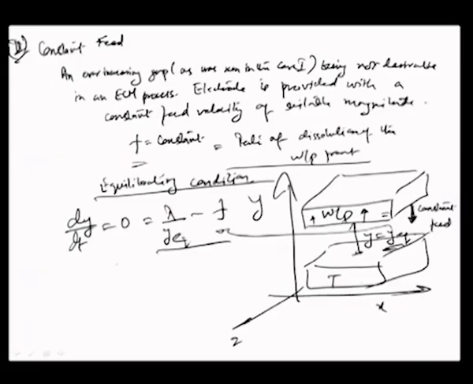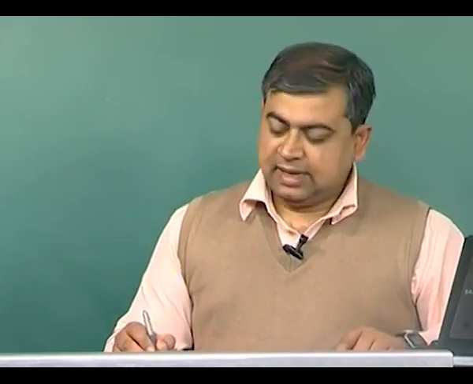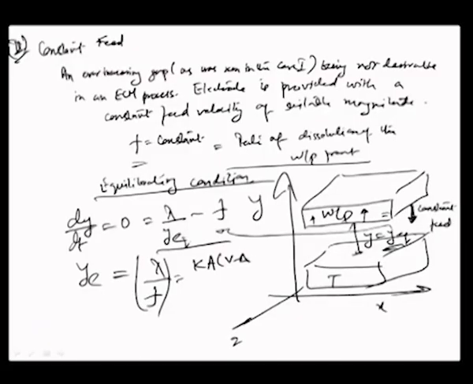In other words, the equilibrium gap in such an instance can be calculated as lambda by f, because you know that there is a certain specific value of lambda that we are talking about. It can be represented as k times a times V minus delta V, the total potential minus over potential, times rho z F, the Faraday constant, times f.